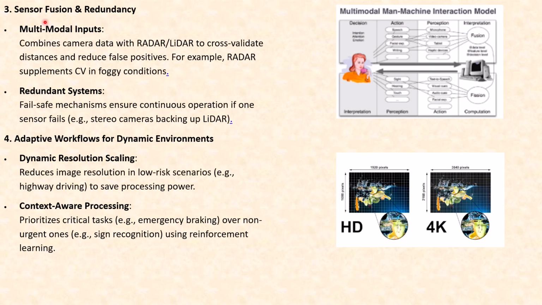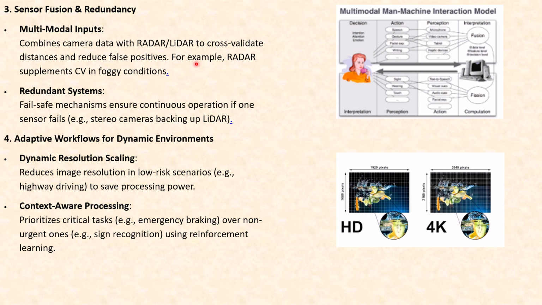Now the next thing is sensor fusion and redundancy. Okay, and how does it achieve sensor fusion? With the help of multi-modal inputs, it combines camera data with radar and lidar to cross-validate distances and reduce false positives. For example, radar supplements CV in foggy conditions.